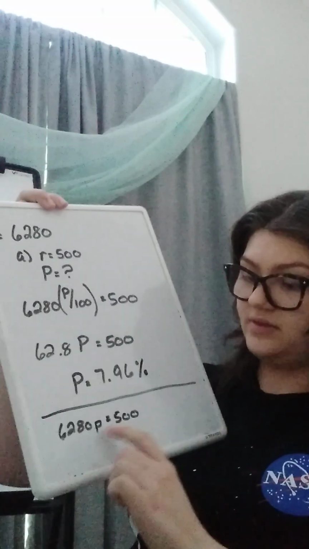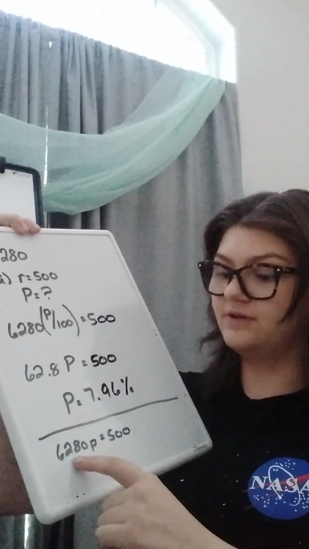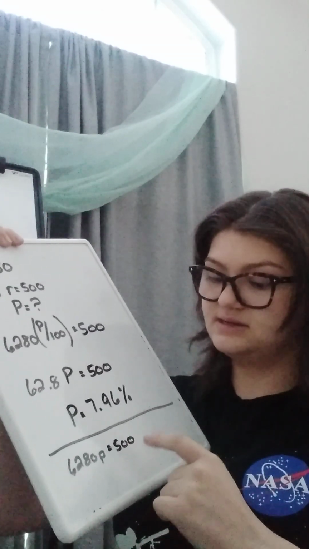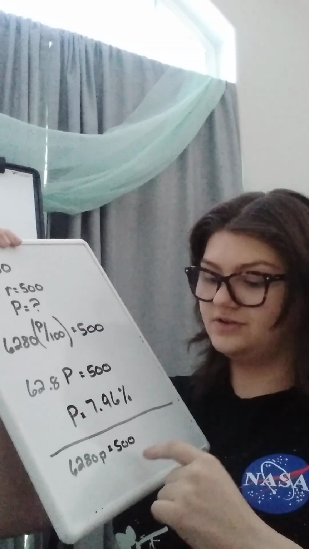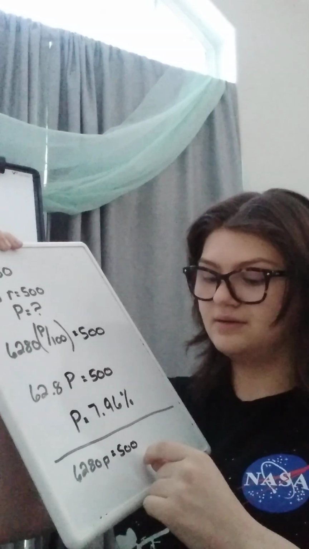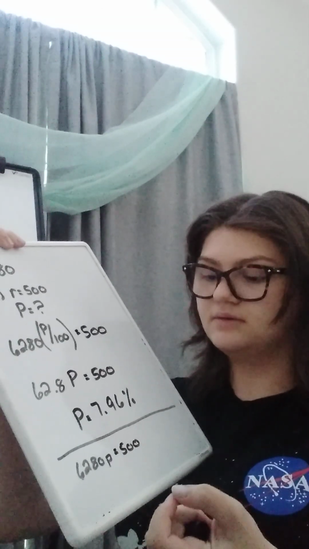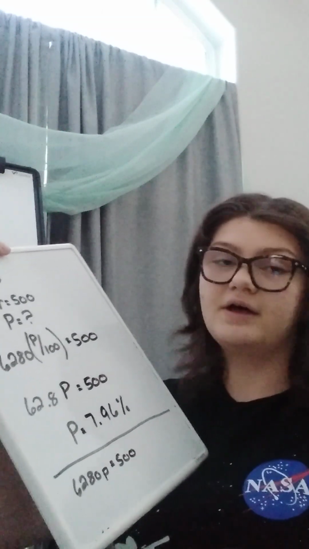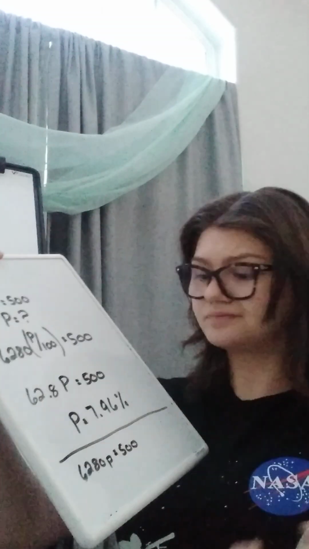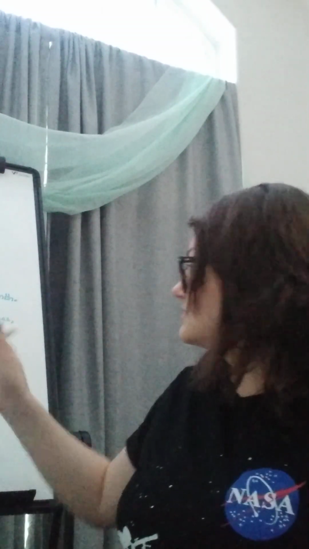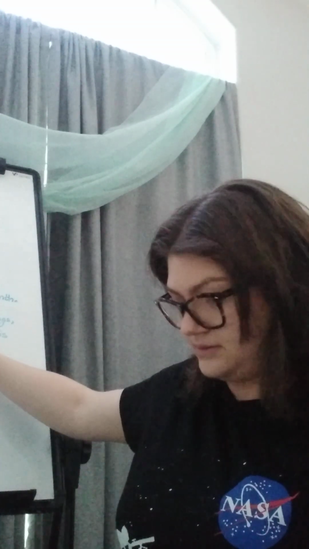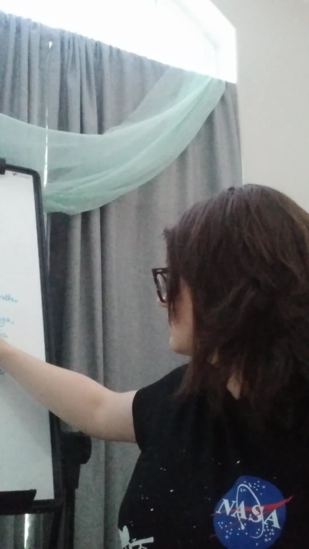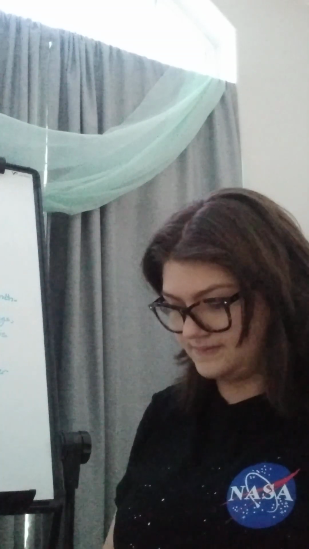And then you also have to do that conversion here, where you'll divide this number over, and then you're going to have to multiply the resulting number, so what your lowercase p equals, by 100 to get our percentage. So the answer to this one here, 7.96%.